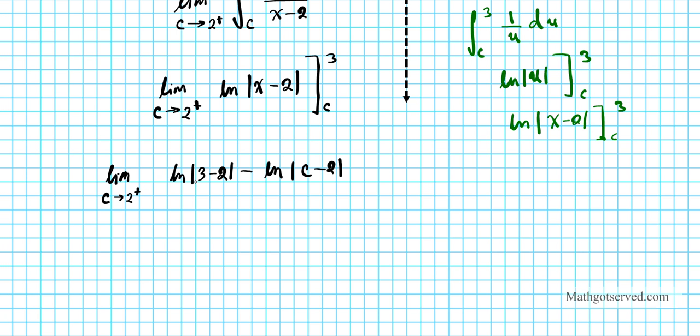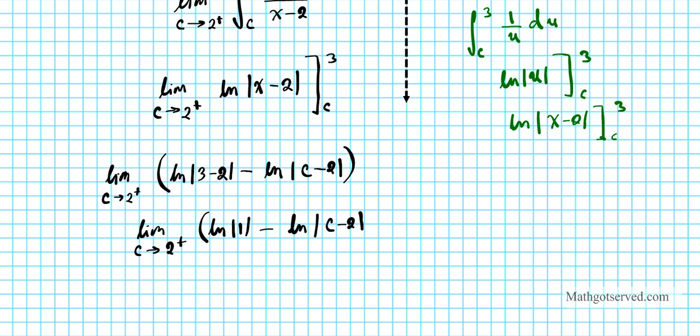So we're going to take the limit of this entire expression. If I look at this one, ln of 3 minus 2, let's just bring down the limits. The limit as c approaches 2 from the right of the natural logarithm of the absolute value of 1 minus the natural logarithm of the absolute value of c minus 2.